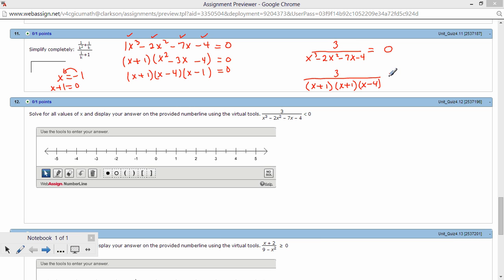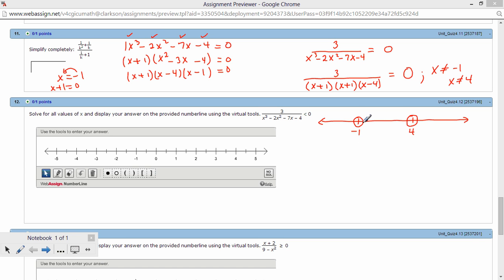And again, we know that this ratio cannot equal 0. The only way it can equal 0 is if the numerator is 0, and that can't happen. But we do have concerns, and we want to note that x cannot be negative 1, and x cannot be 4. So on our number line, we know negative 1 would not be allowed, and 4 would not be allowed. So those points cannot be included in our solution.